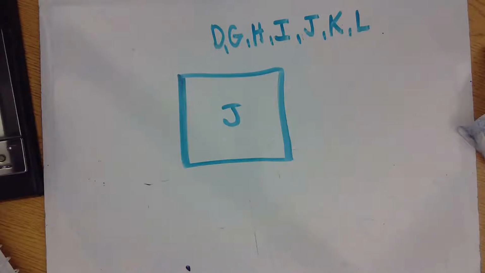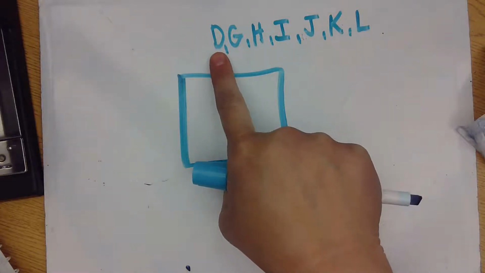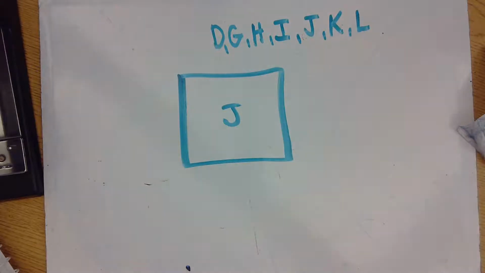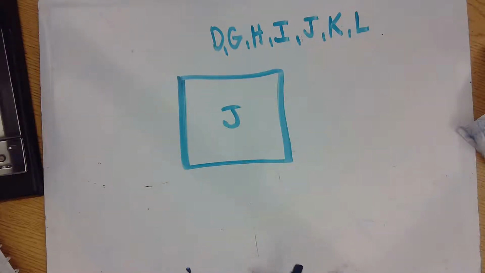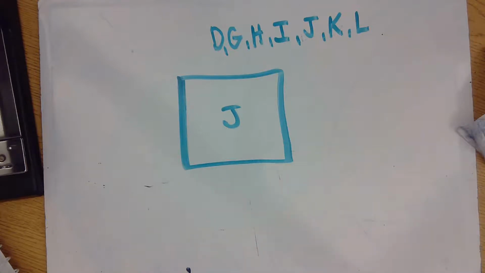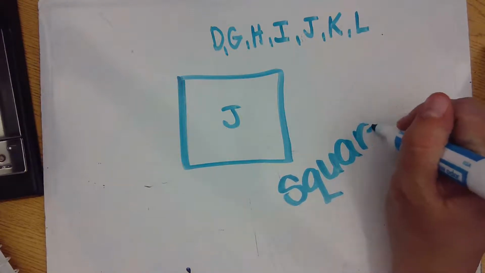Hopefully you found some shapes that also have four sides. If you found these shapes, D, G, H, I, J, K, and L, all of those shapes have four sides. I have drawn shape J on my board. What do we call shape J? If you said square, you are correct.